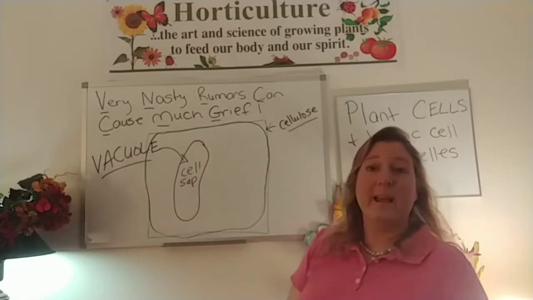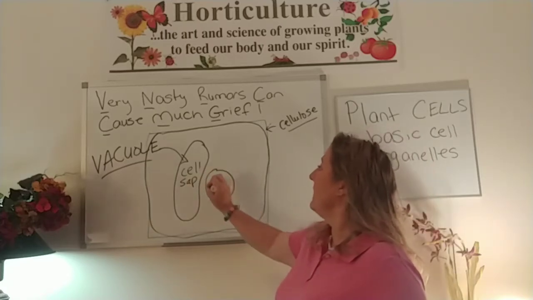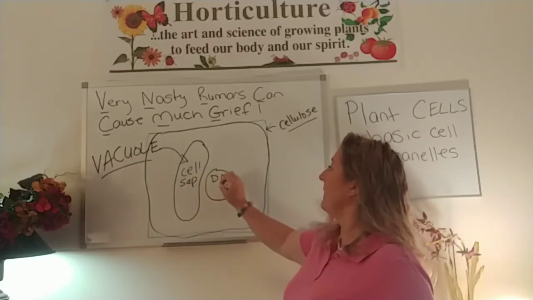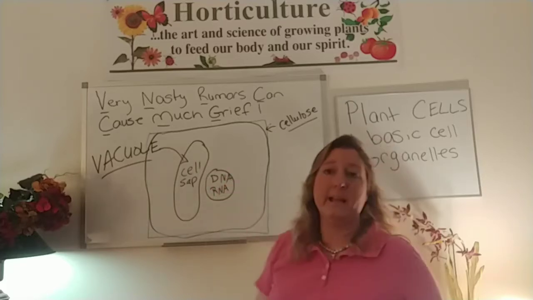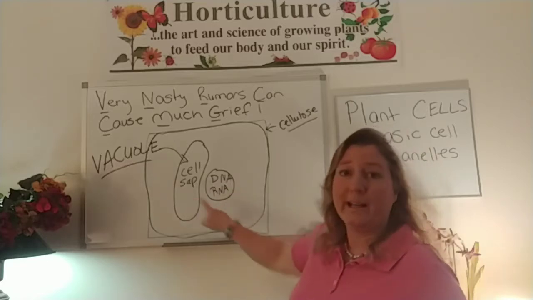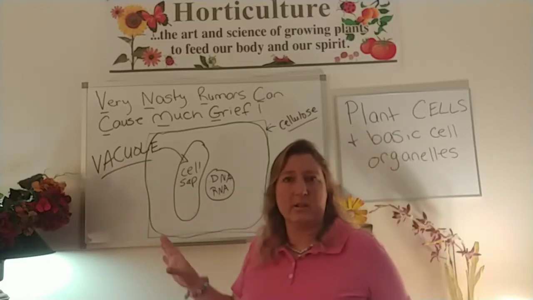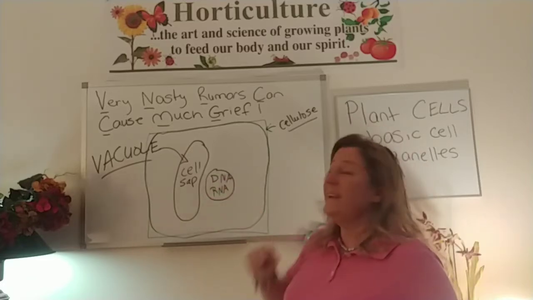Next we have the N. The N is for the nucleus. The nucleus is going to be the brain of the cell. It's going to contain the DNA and the RNA. Now, RNA can travel in and out. We're going to talk more about RNA a little bit later. DNA cannot.